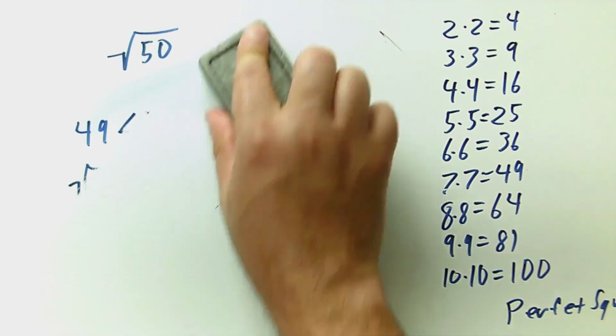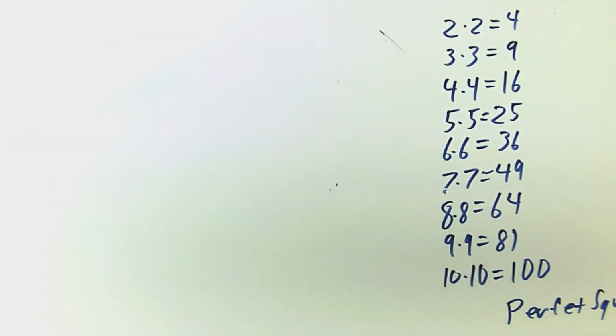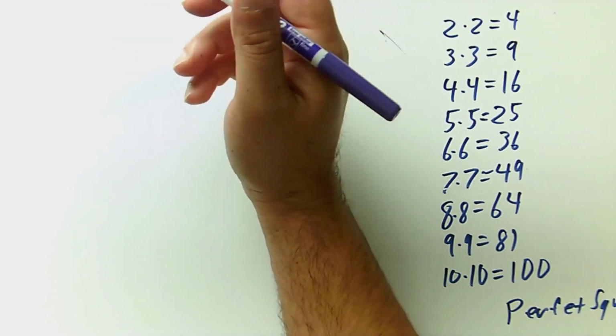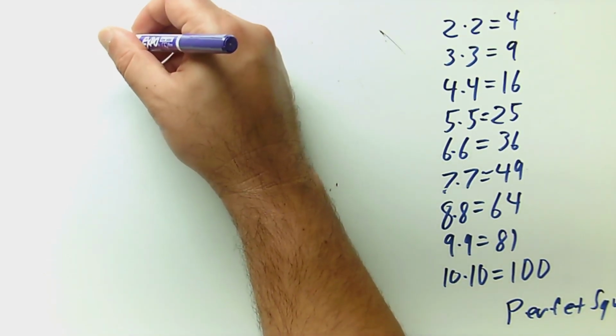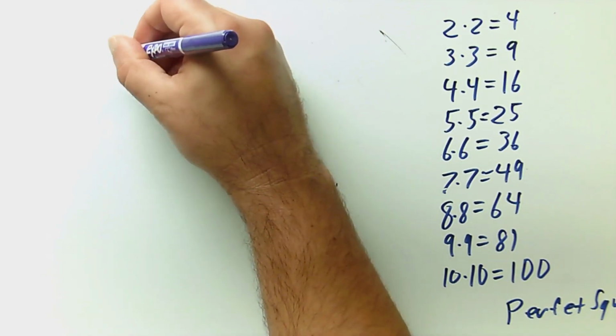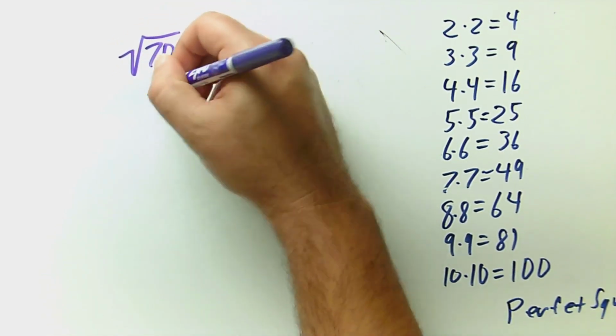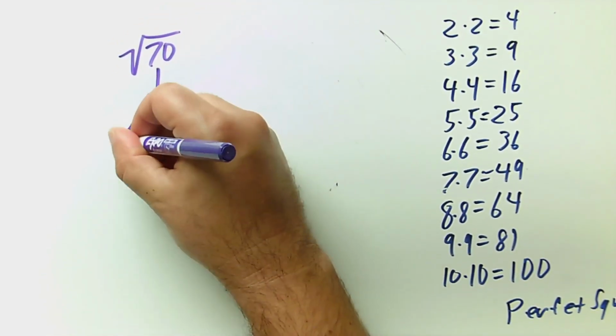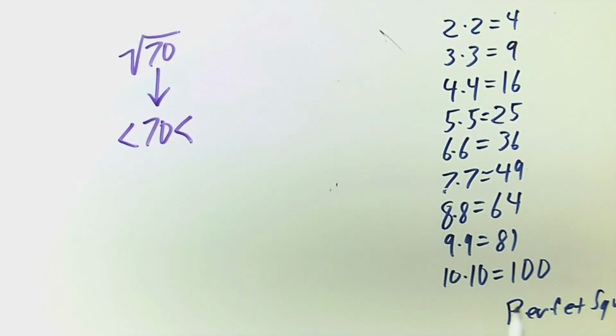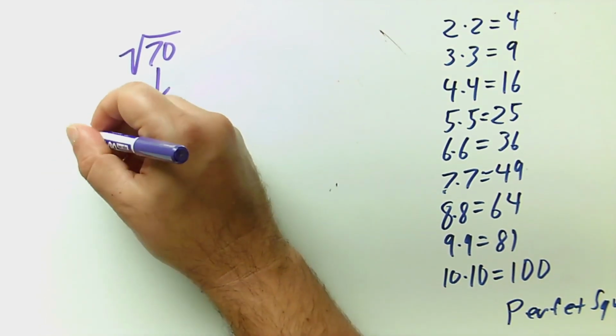Alright, let's do another number. Let's do 70. Square root of 70. We'll take 70 by itself. Which perfect squares is it in between? It's in between 64 and 81.